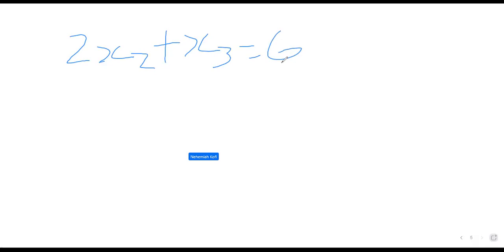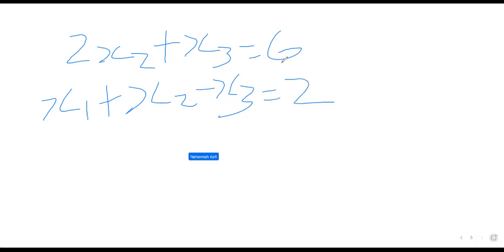And then x1 plus x2 minus x3 is equal to 2.